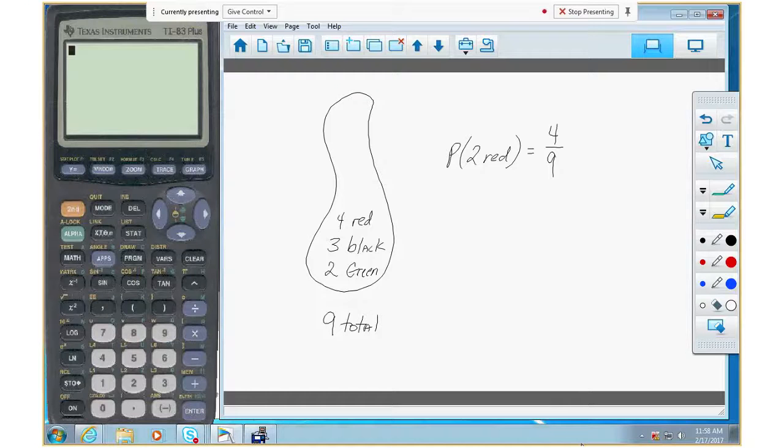Then I just do 4 out of 9 again, or 4 out of 9 raised to the 2nd power. That is with replacement. In other words, with replacement, the probability is not affected, because after you pick the marble, you're putting it back in the bag.